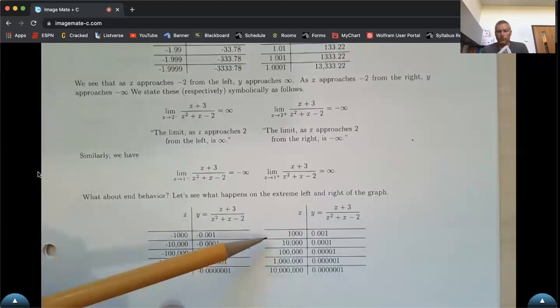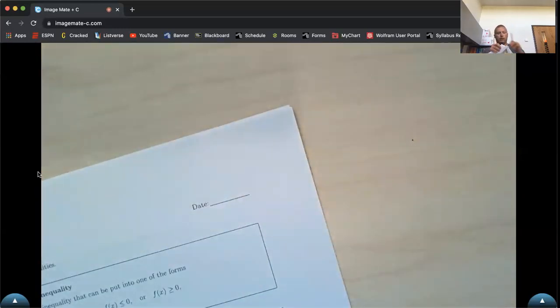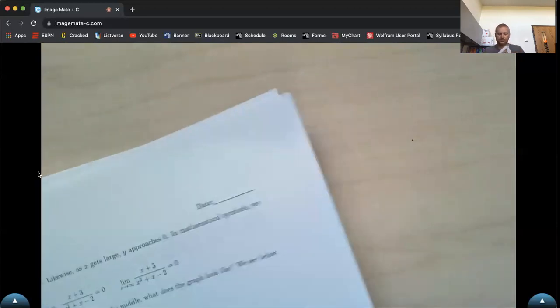If we plug in very large positive x's, we see that again, the y's are getting very close to 0. So the end behavior of this graph is that the y's will tend to get very close to 0. Okay, so kind of summarizing all this behavior as we go on to the next page.